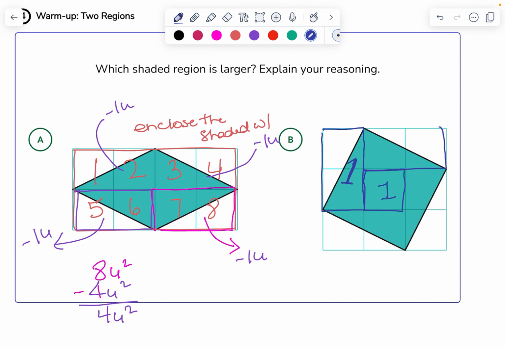And again, there's 2 squares. Half is shaded in. So there's 1. And 1 and 1. 1, 2, 3, 4, and the middle 5. 5 units squared. So if you said B had the larger squared units, you would be correct.